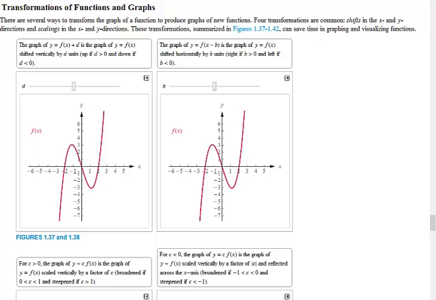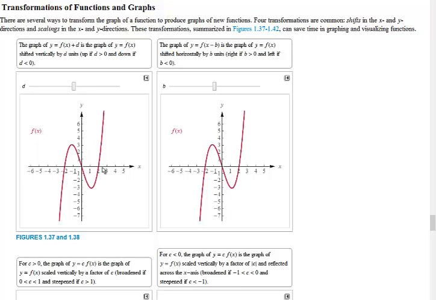Your textbook has some lovely interactions. You will want to go into your ebook and move this little slider so you can look at this for yourself. This first little slider is adding something outside of the function.